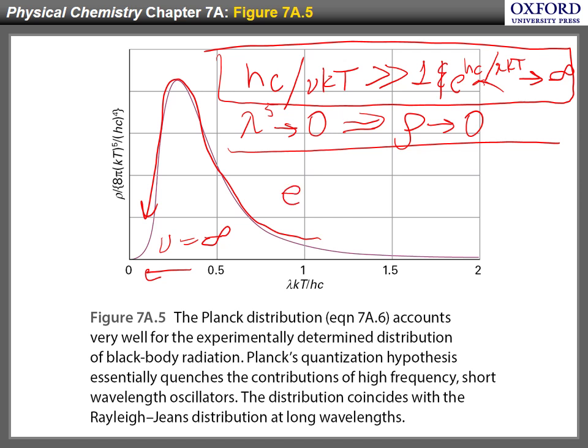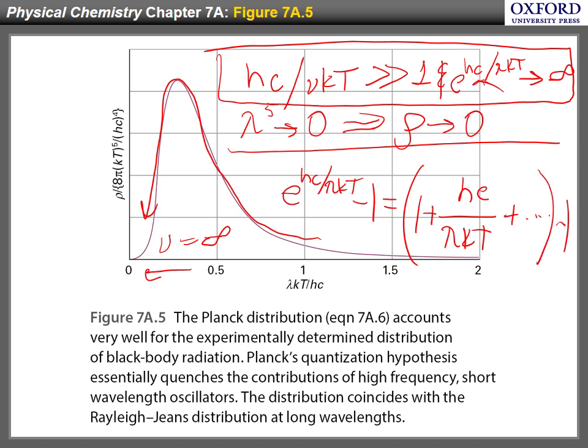The exponent of hc divided by lambda kT minus 1 now equals 1 plus hc divided by lambda kT plus and so on, minus 1, which then equals roughly hc over lambda kT. There we go.